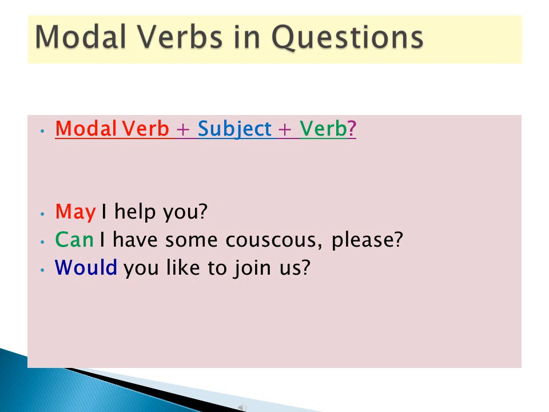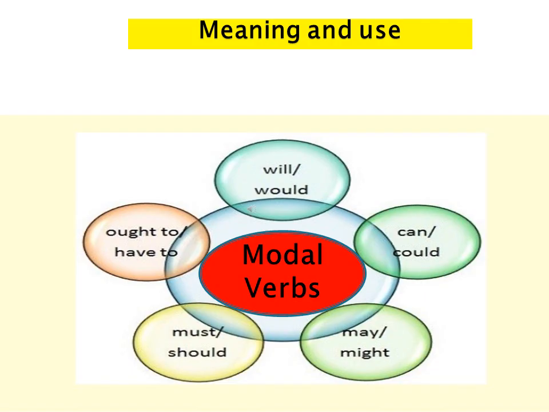Can I have some couscous please? So here again we have can at the beginning. Would you like to join us? So here again we have would at the beginning. So in question, in interrogative, we always start with the modal verb plus subject plus verb. So we also are going to see the meaning and use, and we'll see some examples, okay?